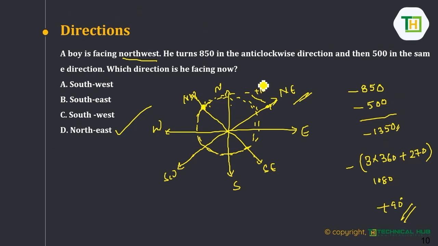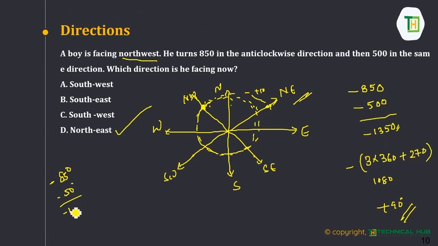Suppose it is considered as 85 degrees and 50 degrees. 85 degrees anti-clockwise and 50 degrees anti-clockwise. So 85 and 50 make minus 135 degrees anti-clockwise. Minus 135 degrees anti-clockwise means the person is here.